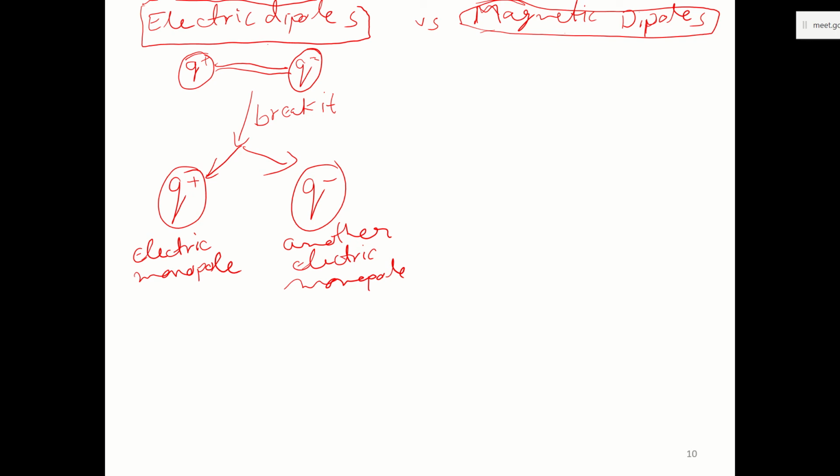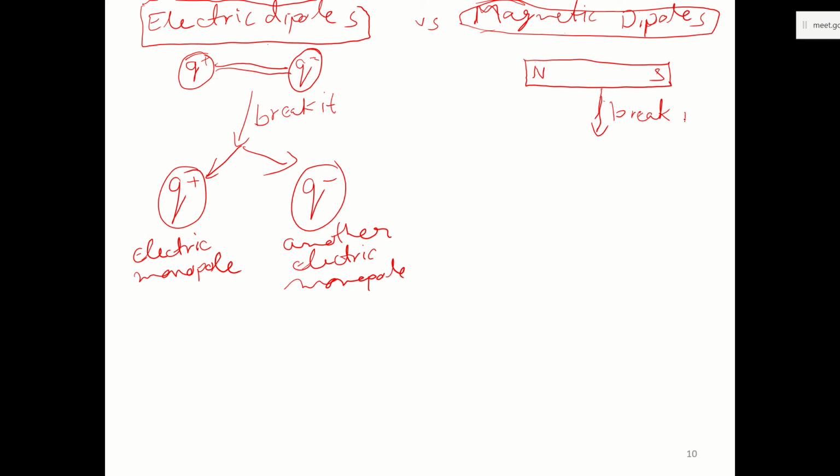Now think of a magnet in a similar fashion. You think of a magnet, north south, and try to break it. You have a bar magnet, you try to break it into pieces.